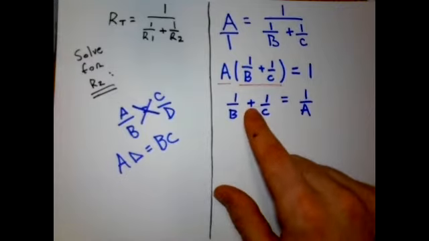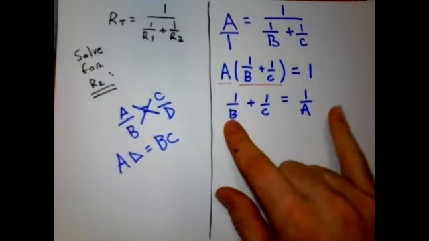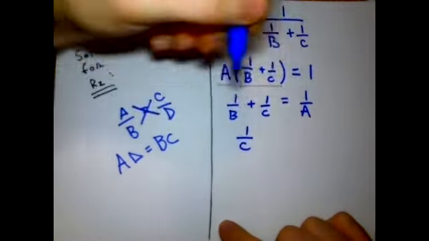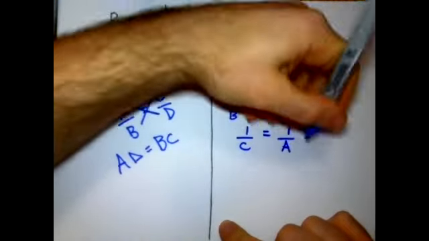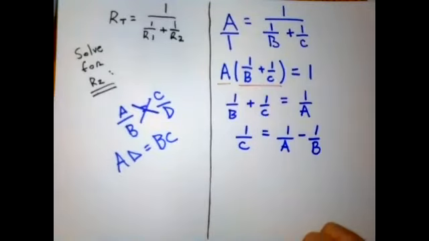The opposite of adding is subtracting. So I'm going to subtract this one over to here. It gets rid of it here and puts it over here. It'll be 1 over C equals 1 over A minus 1 over B.